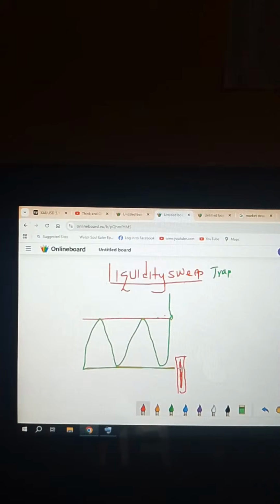And you can just imagine institutional traders are looking here for buys, and you are selling, so you're going against the trend. They'll say, oh, these are breakouts. Most of them will tend to buy with a big candle. You think it's a breakout, let me buy. Then all of a sudden, you see the market reverse.